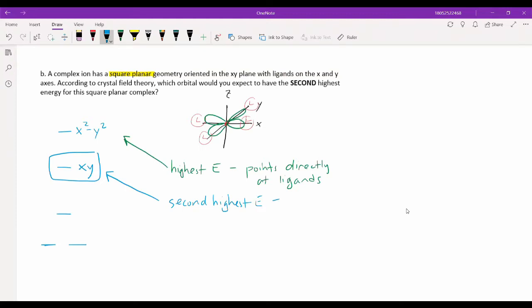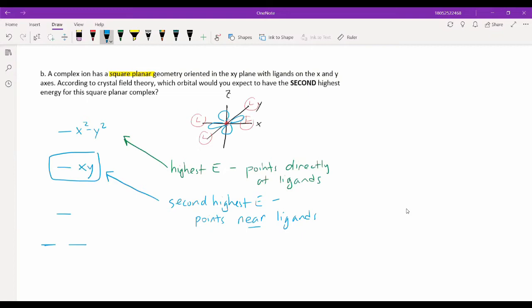And that one, essentially, if I kind of erase what I just drew, this one is pointing right in between the x and y axes, but on the xy plane. So it's near the ligands, but not directly at them. So this one points near the ligands.